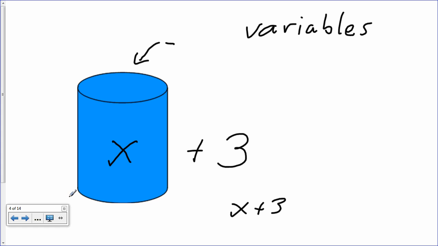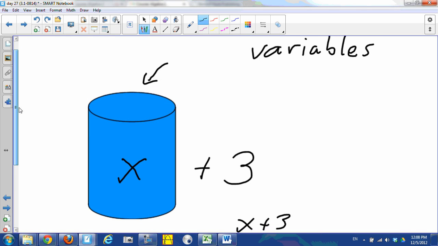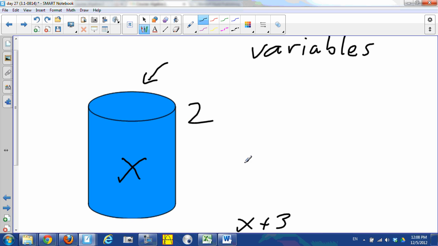So now, we can do all kinds of operations with this bucket. Suppose it's not plus 3 that we want to do. We can do all kinds of things to the number in the bucket. We can square the number in the bucket.